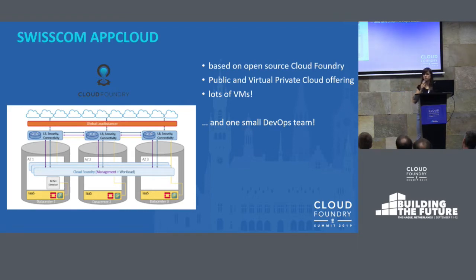You can just go to developer.swisscom.com, register, and start pushing your apps there. And we also have the private offering, the virtual private offering for companies. We have their own managed platform as a service installation within our data centers, and it's actually interconnected within the company's data center and its private internal network.